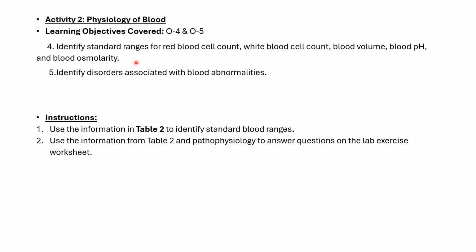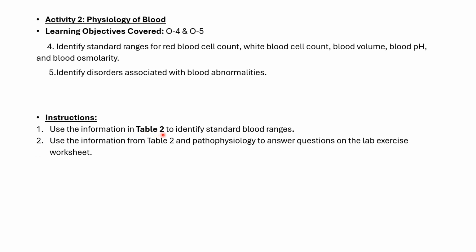Because if we do not know the normal range, we won't be able to tell that this is abnormal or a pathology or a disease, because in certain diseases these things are changed. And then you have to identify disorders associated with blood abnormalities. Now these are the instructions.